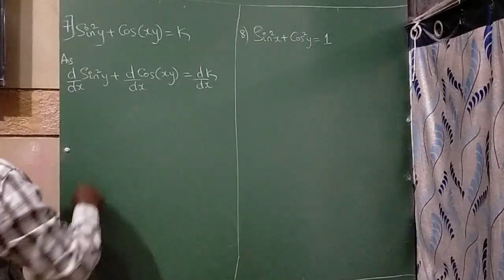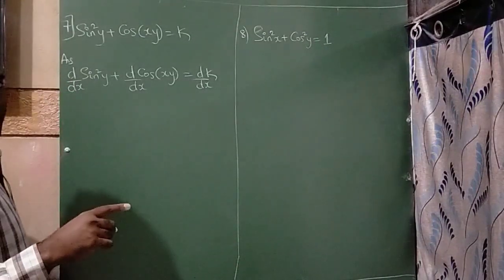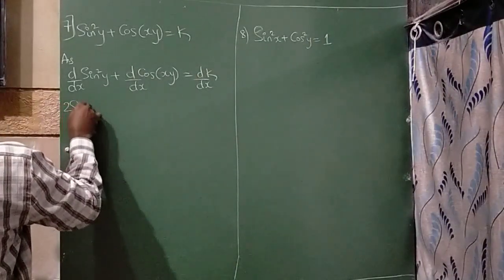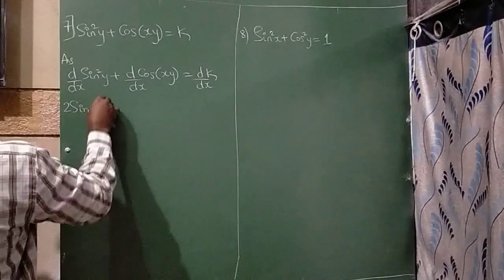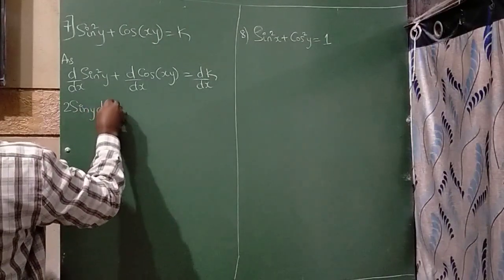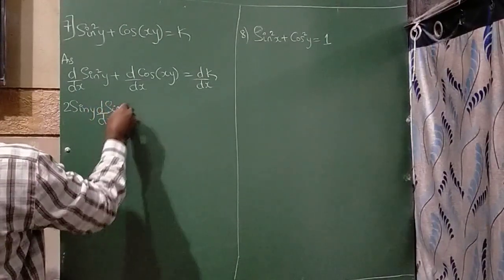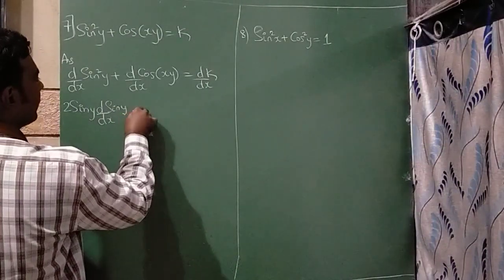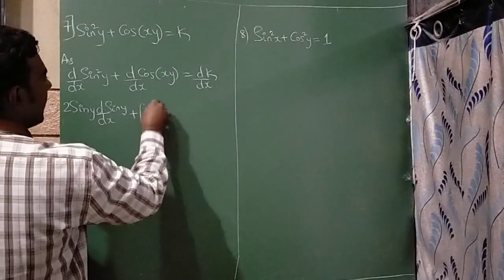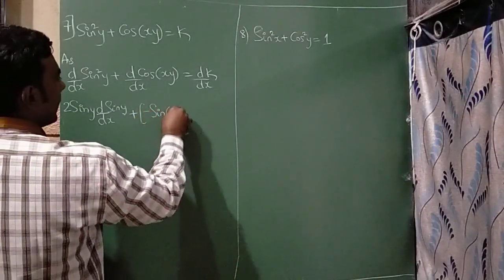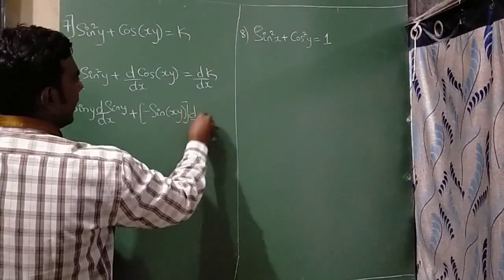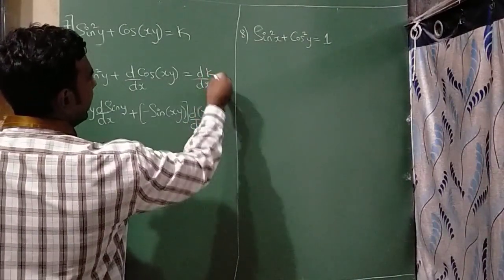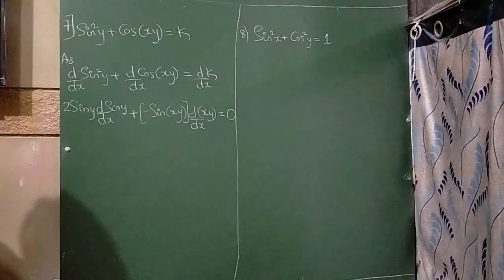So what we have to do is use the d/dx of xⁿ formula, that is 2 sin y, times d/dx of sin y, found by chain rule. And here d/dx of cos is minus sin xy, times d/dx of xy, and d/dx of constant is 0.